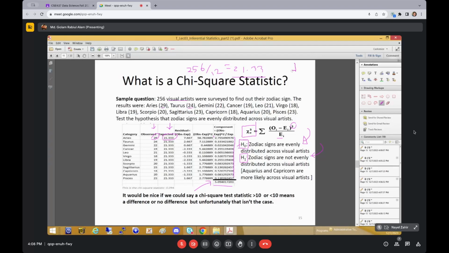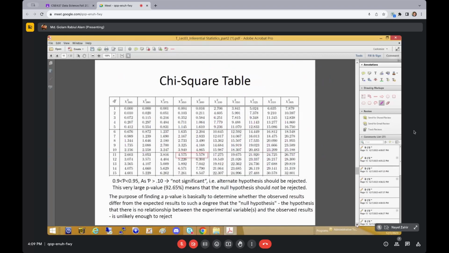Usually the degrees of freedom equal the number of categories minus 1. So in this case it is 12 minus 1, which is 11.